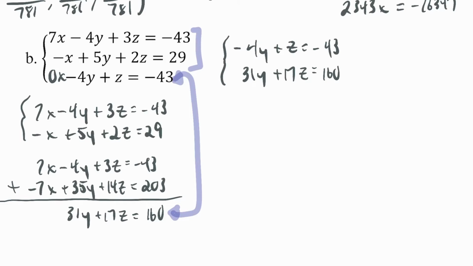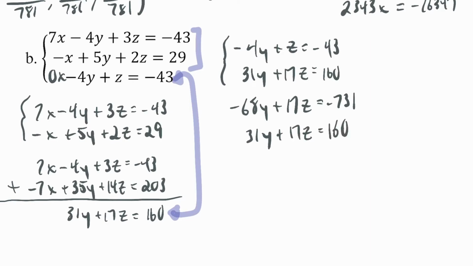So negative 68y plus 17z equals 43 times 17 is 731. I'm starting to get big numbers again. I'm just copying the second equation.